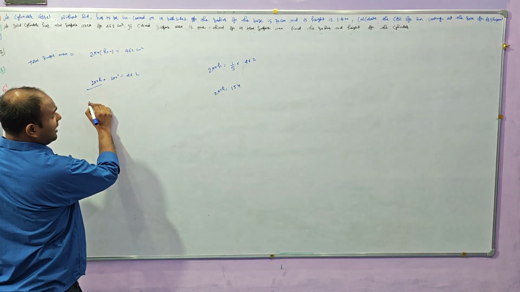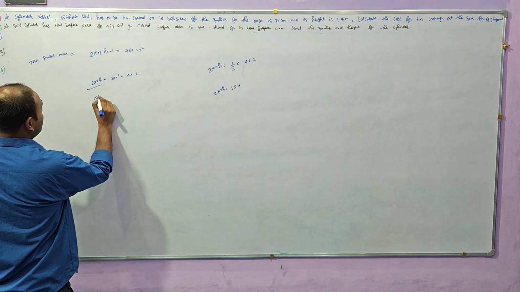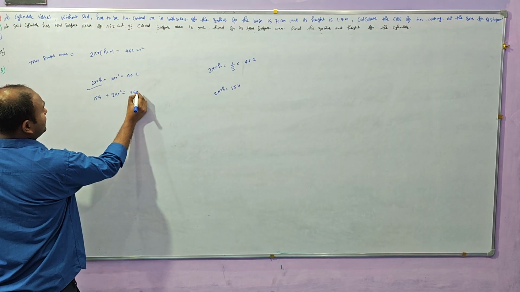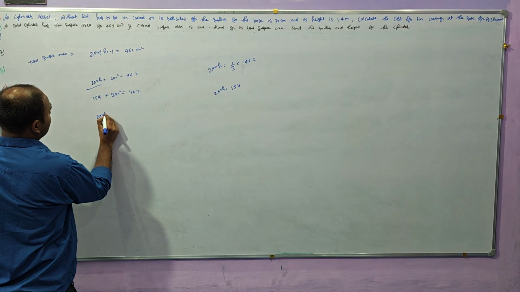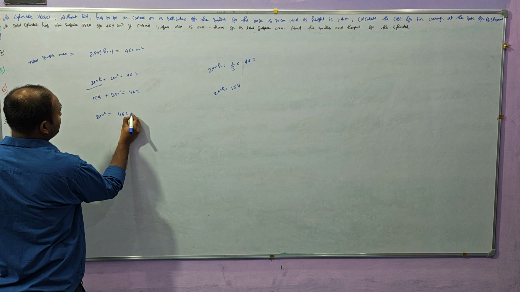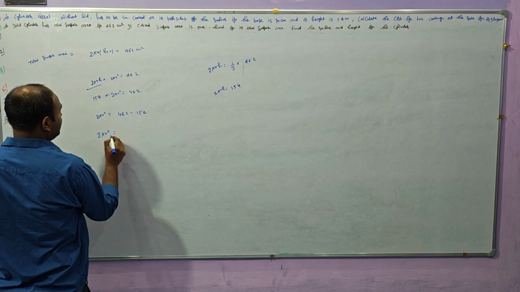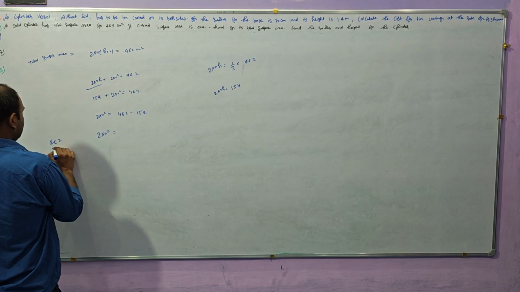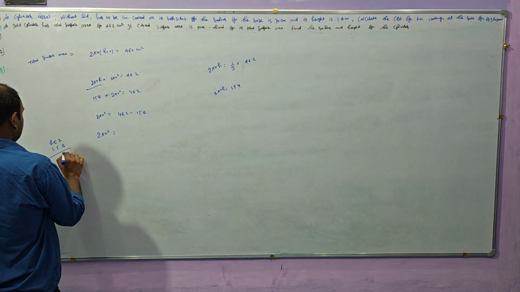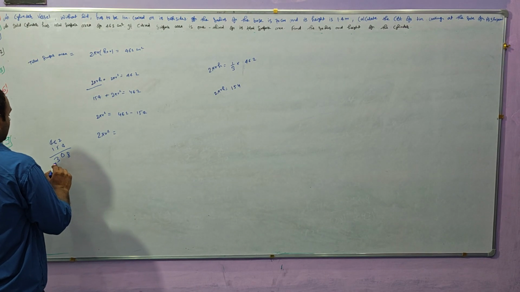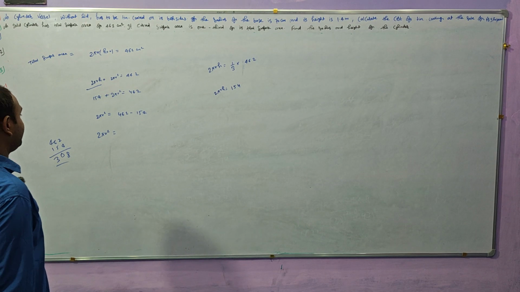So we have 2 pi rh is 154 plus 2 pi r square is 462. So 2 pi r square is 462 minus 154. So 2 pi r square is 308.